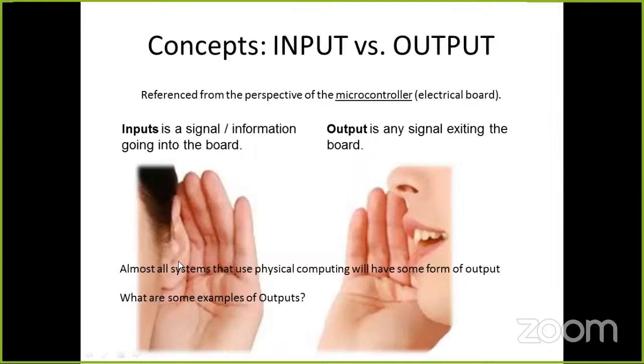If we are listening to something, we are giving a signal to the Arduino from the ears. Ears work as a sensor. If we are speaking, that is the output we give from our mouth. In the same way, Arduino will work. I'm comparing the Arduino board with a human being so that you can understand how the Arduino works.